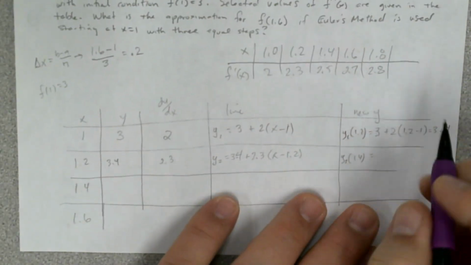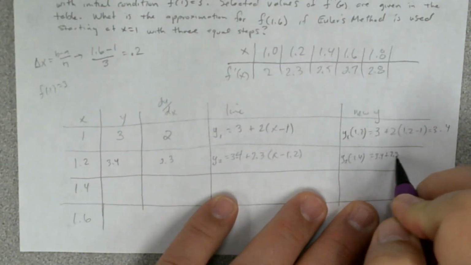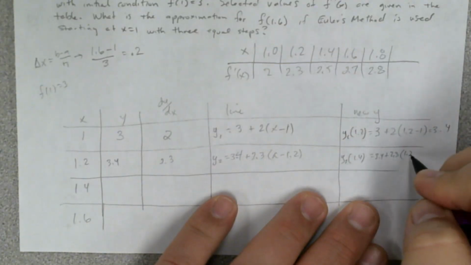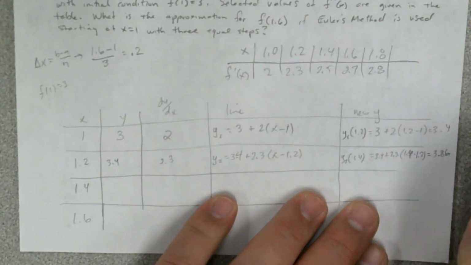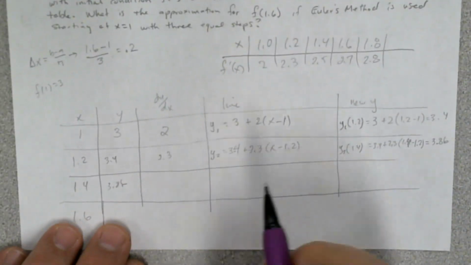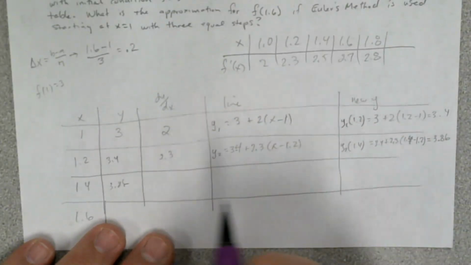And so in doing this, here's 3.4, 2.3, 1.4 minus 1.2, and then when you work this out, you're going to get 3.86. And you can check all my numbers with your calculators just to make sure I'm doing it right. If I have an error in here, just correct it on your paper.